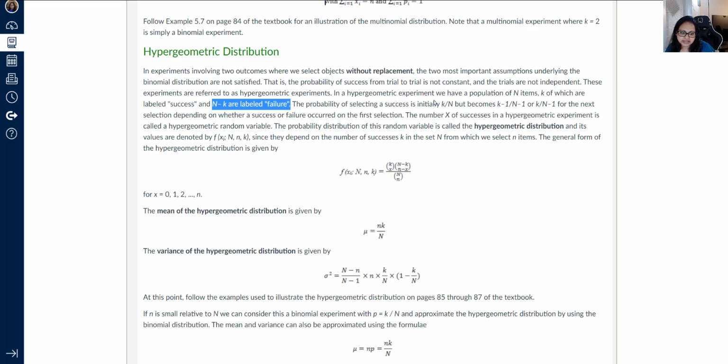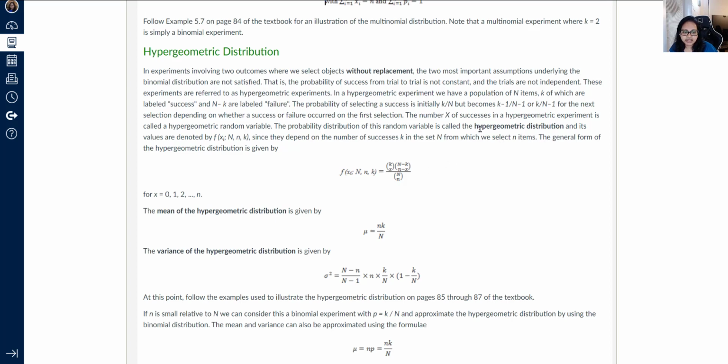The probability of success initially is k by n, because we have k number of successes, and the total population size is capital N. The next time we try to get the outcome, since it's without replacement, we have one less in both cases, the population size and the successes we have.